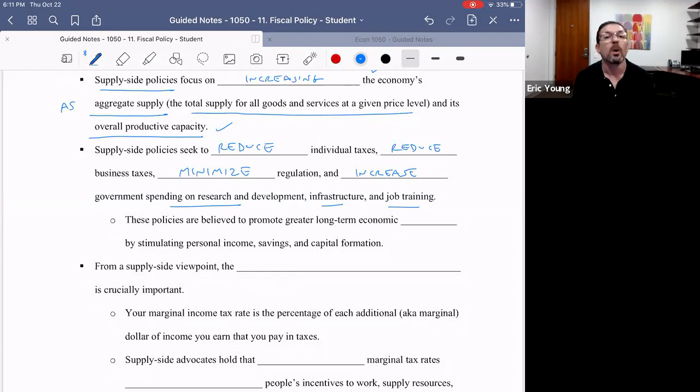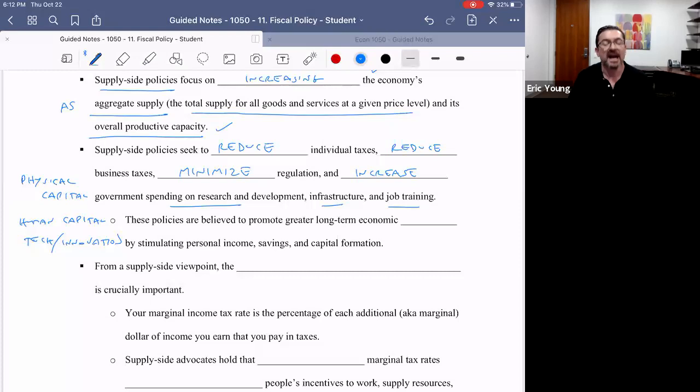Notice this, when we talked about our economic growth models, we focused on a few factors that could increase economic growth for an economy. We spoke, for example, about physical capital. We spoke about human capital. We spoke about the power of technology and really just general economic and business innovation. Take a look at what these supply side policies do. They want to reduce taxes, reduce business taxes, minimize regulation, but look at this government spending.